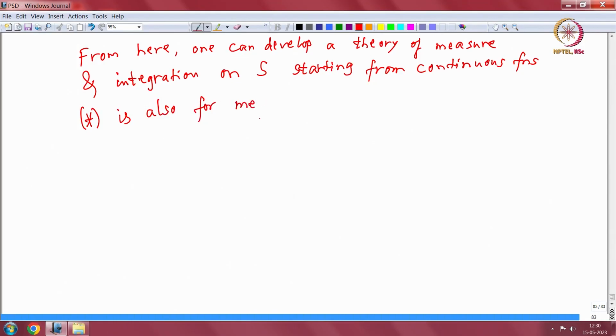Measurable functions are almost everywhere limits of a sequence of continuous functions. So that whole theory is also valid for measurable functions, and then you can also define which measurable functions are integrable functions defined on S.